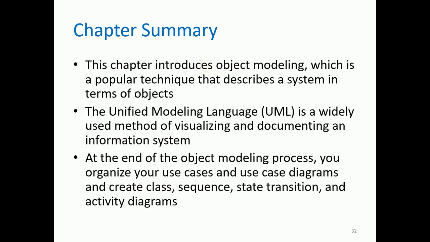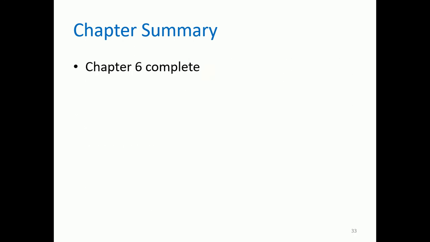So for the chapter summary, this chapter introduces object modeling, which is a popular technique that describes a system in terms of objects. The Unified Modeling Language, or UML, is a widely used method of visualizing and documenting an information system. At the end of the object modeling process, you organize your use cases and use case diagrams and create class, sequence, state transition, and activity diagrams.